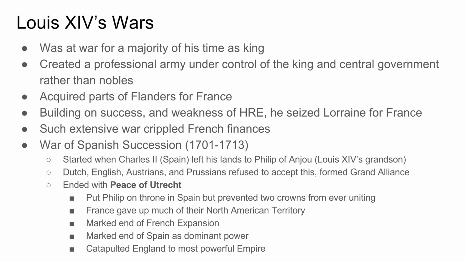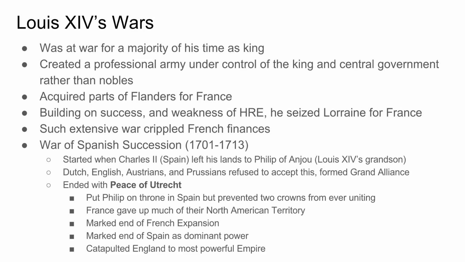And so in these series of wars, he acquires parts of Flanders, which is a really productive economic area in the Netherlands, or what would have then been the Spanish Netherlands. Building off this success and the weakness of the Holy Roman Empire, he seizes Lorraine for France. And again, like Alsace, that's a region in France that will come up time and time again, so just be aware of that.